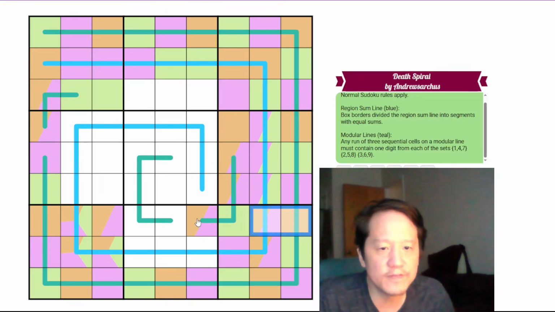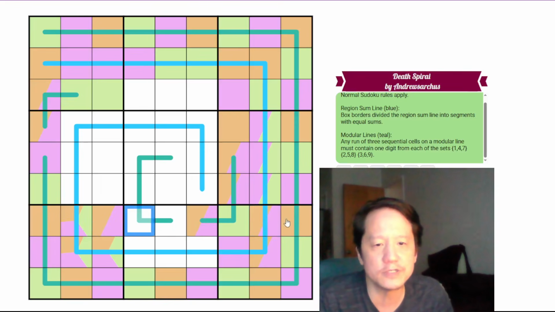We have 5 pink and oranges here. And one of these must be pink or orange. So that's 6 pinks and oranges, which means the rest are green. So one of these is green with the pink or orange, which means one of these is green with the pink or orange.